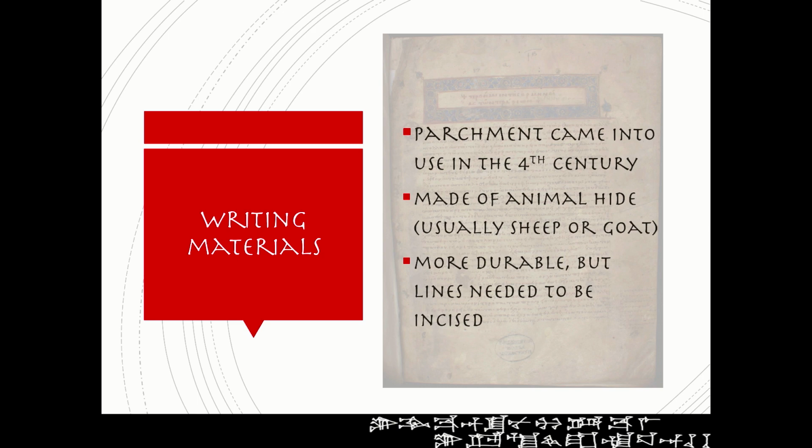But the strips of the papyrus allowed for natural horizontal lines when writing on it. These were not present in the parchment, and so lines had to be incised to follow in writing.